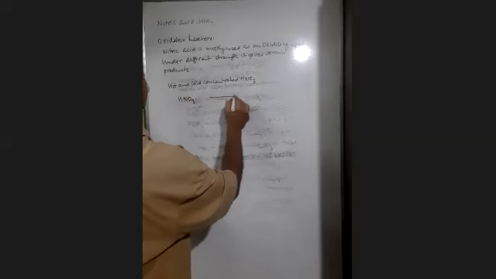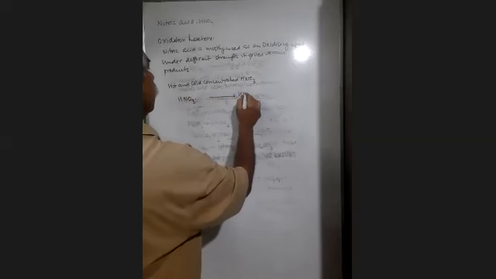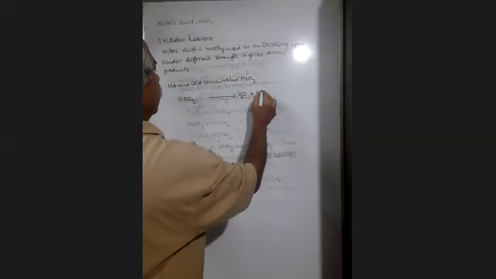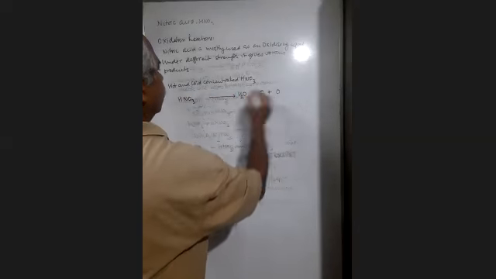HNO3 under this condition will give you water, nitrogen dioxide, and oxygen. Let us balance. Because it's an oxidizing agent, all of them will give oxygen at different concentration or strength.